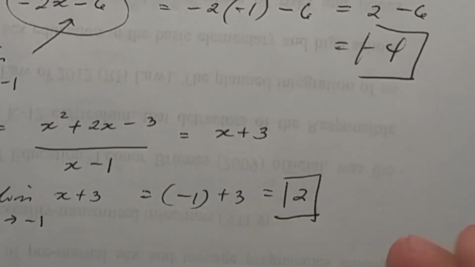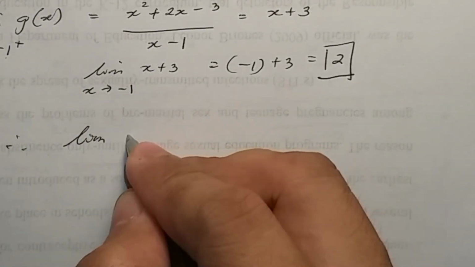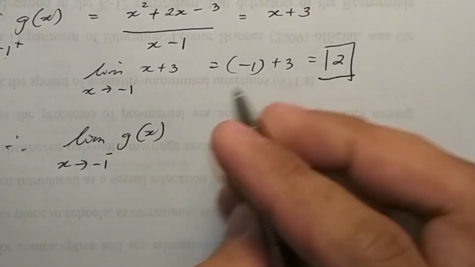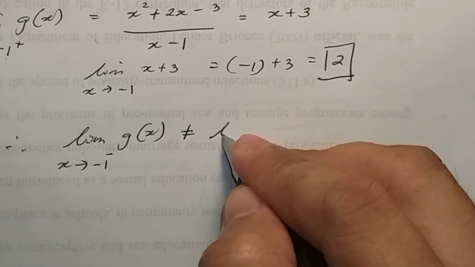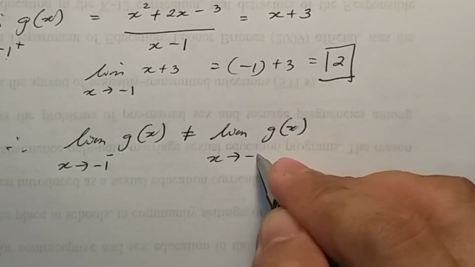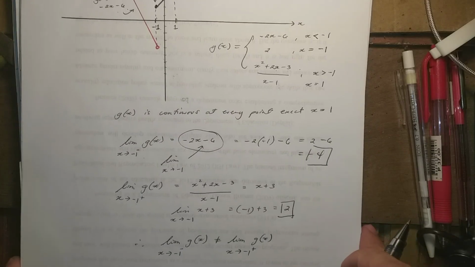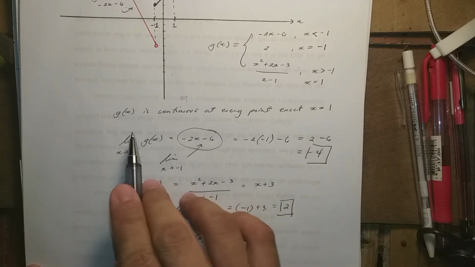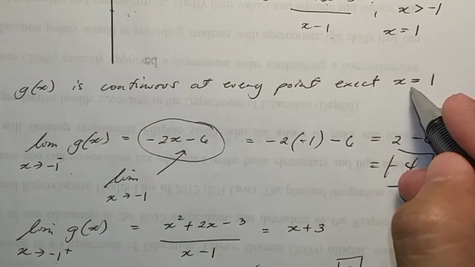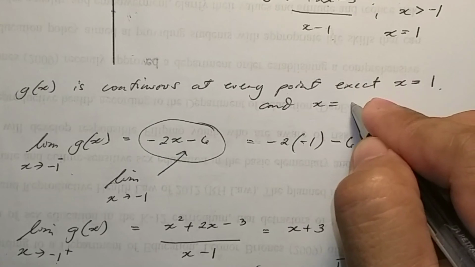So we can conclude that the limit of g of x as x approaches -1 from the left is not equal to the limit from the right. So we can conclude that g of x is continuous at every point except x equal to 1 and x equal to -1.